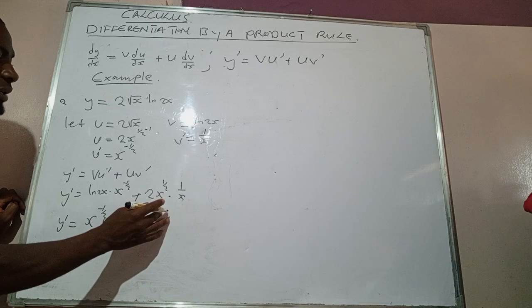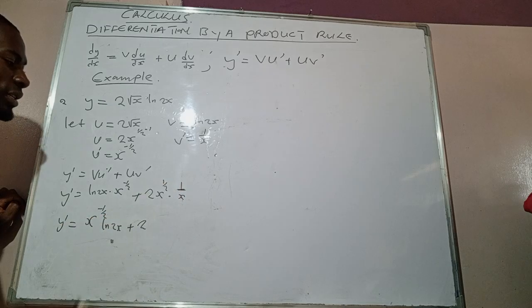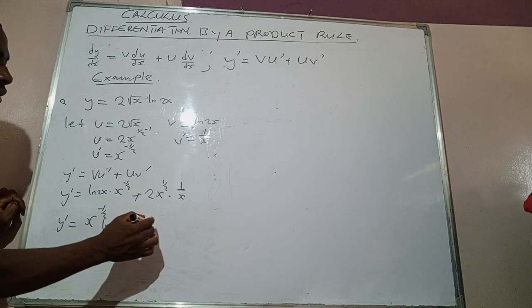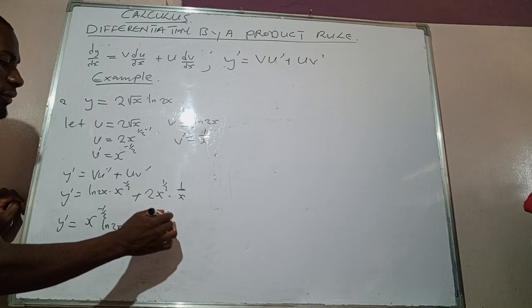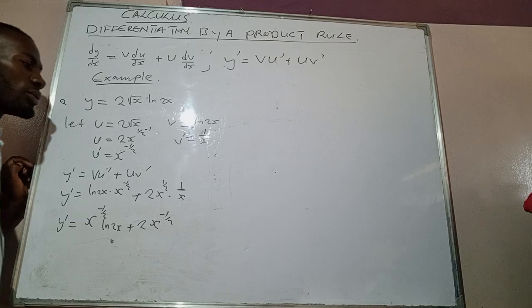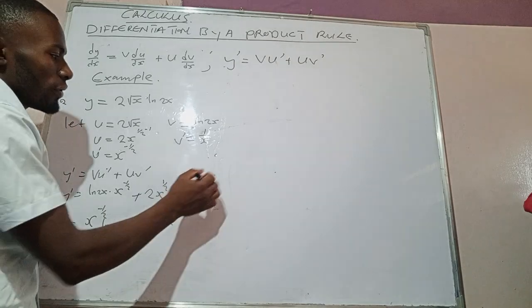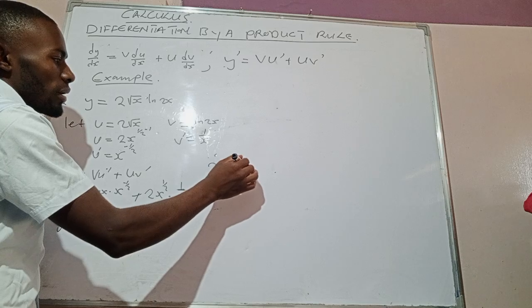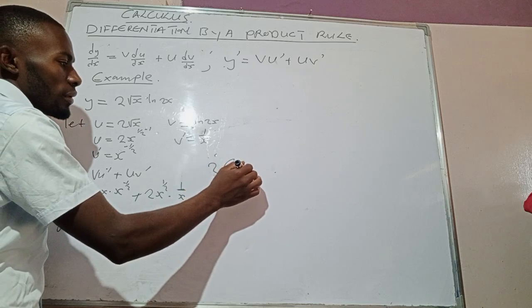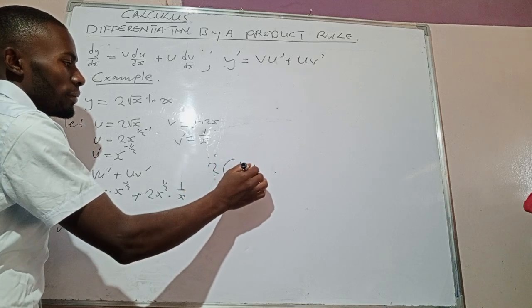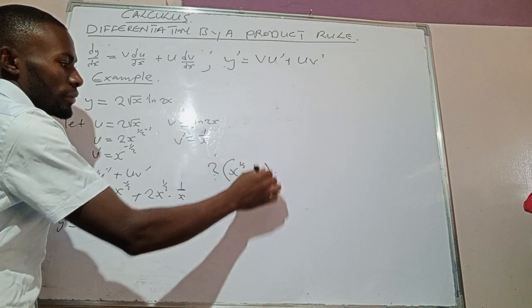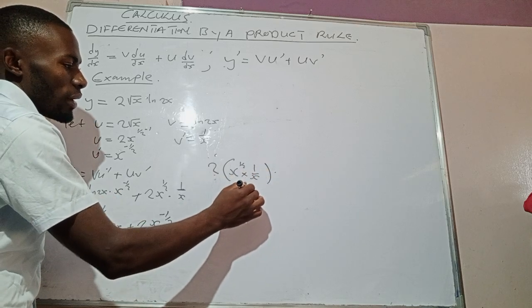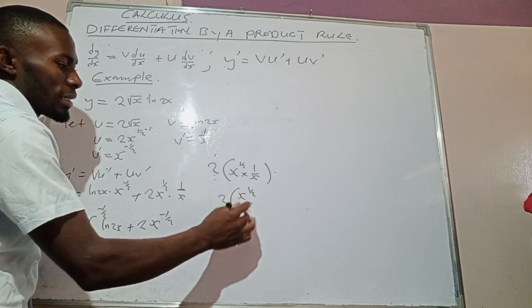In between there's multiplication, but remember also there's a division there. So when you follow the laws of indices, you're going to remain with x to the power negative 1 over 2. In case you don't know where it is coming from, I've done this. Then x to the power half times 1 over x, you're going to have x to the power half over x.